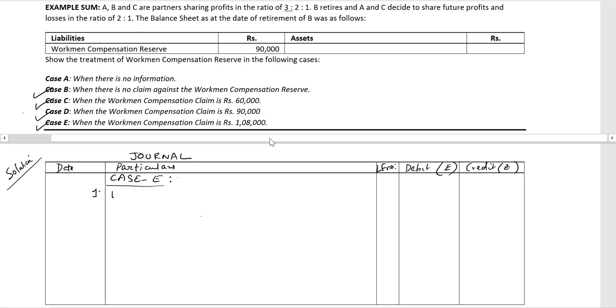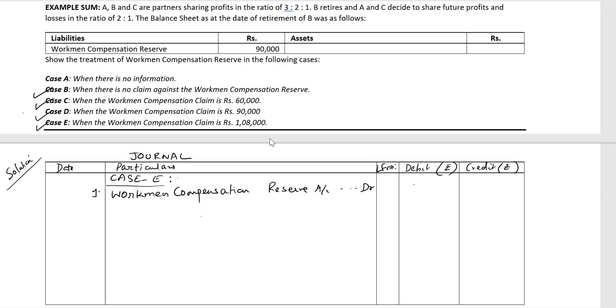So let's pass the first journal entry. Workmen Compensation Reserve account debit 90,000. For the 18,000 excess claim, we'll debit the revaluation account.